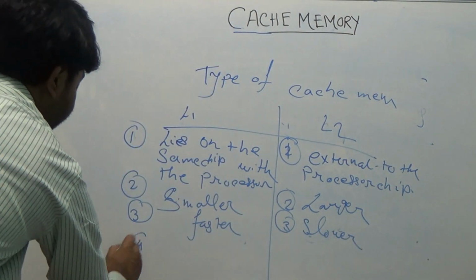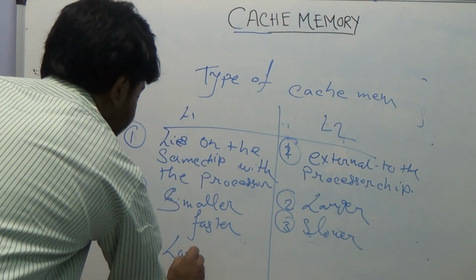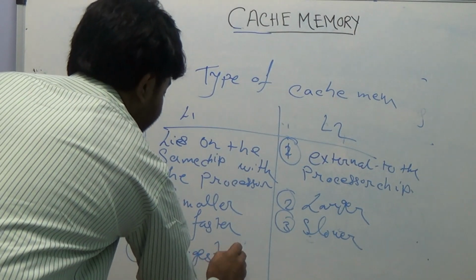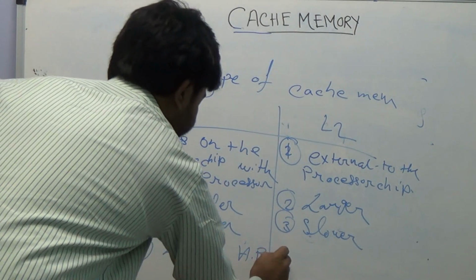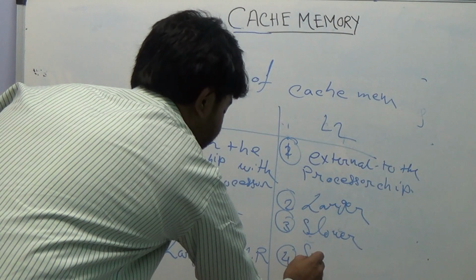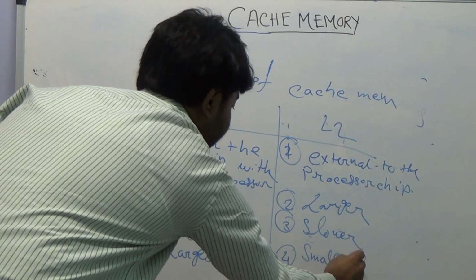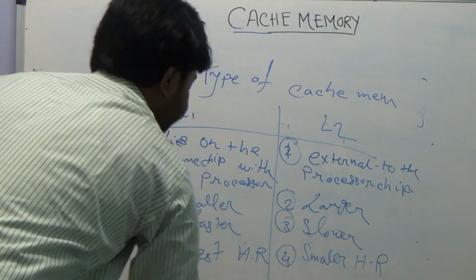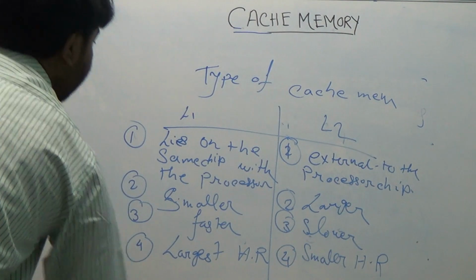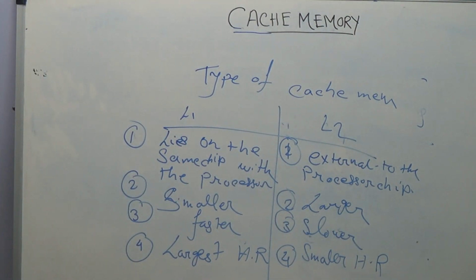Number 4, L1 has larger hit ratio. L2 has smaller hit ratio. So that is the types of cache memory, L1 and L2, and we made a difference between L1 and L2.